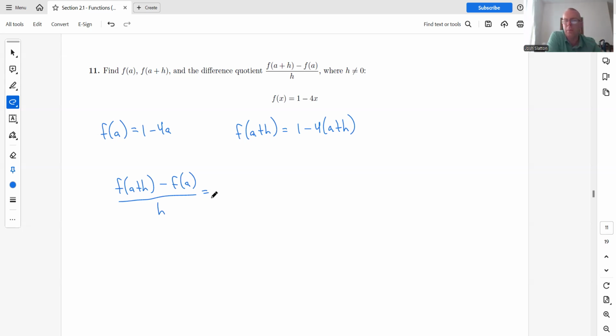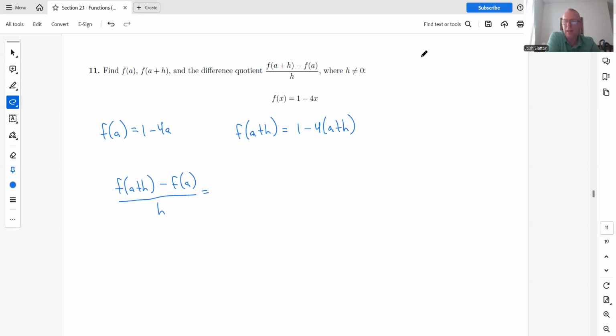It is the slope of this function between the value of x equals a and the value of x equals a plus h. So the difference between these two values is h. What is the slope between those two points?